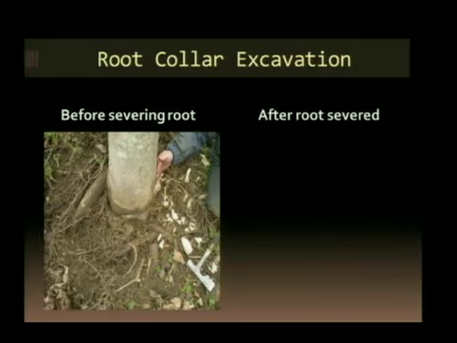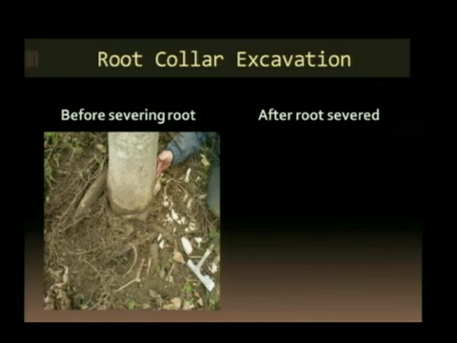roots that look kind of like, if you notice in that picture, at the base of the tree, there's a root that's wrapped tightly at the base of the tree. That man's hand is just above the girdling root. And what ends up happening is roots are supposed to grow at an angle of 90 degrees away from the base of the tree. Well, many times, for some reason, the tree begins to circle around the trunk of the tree.